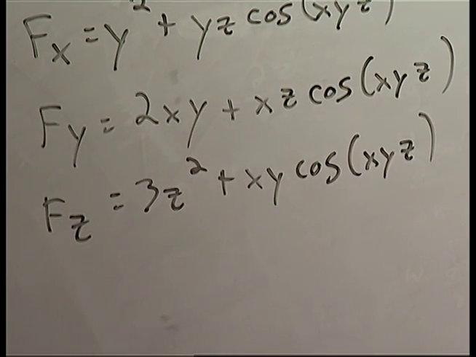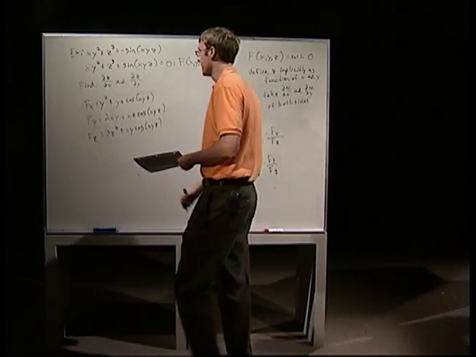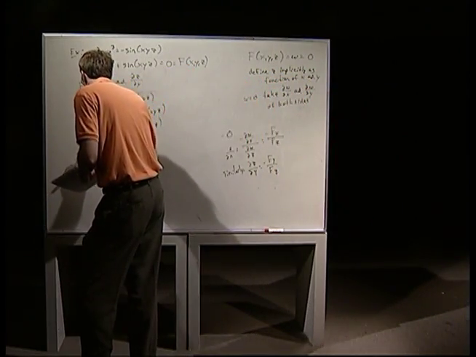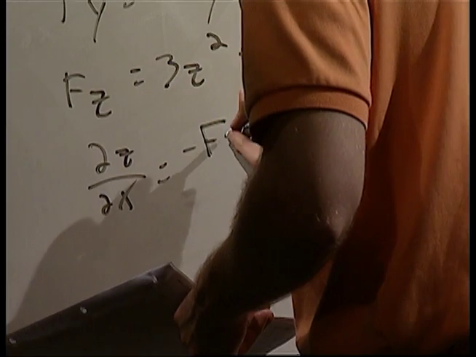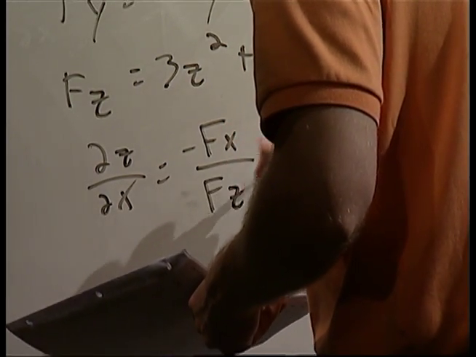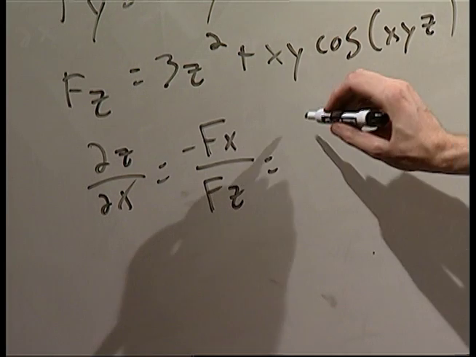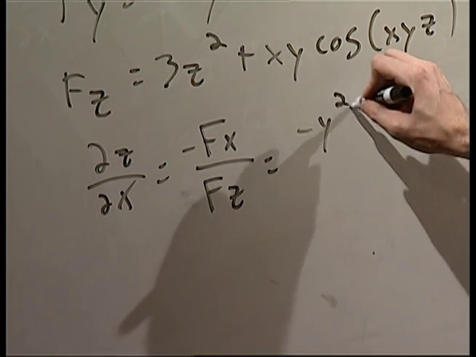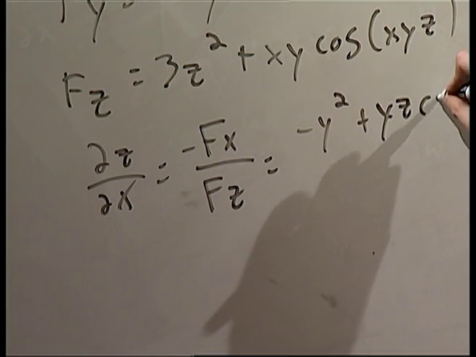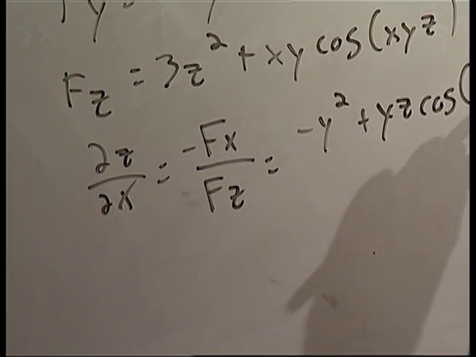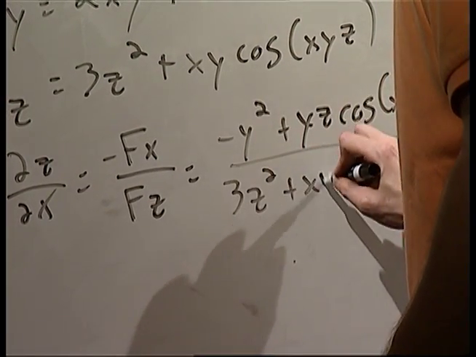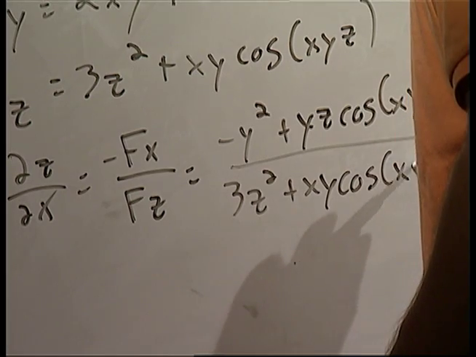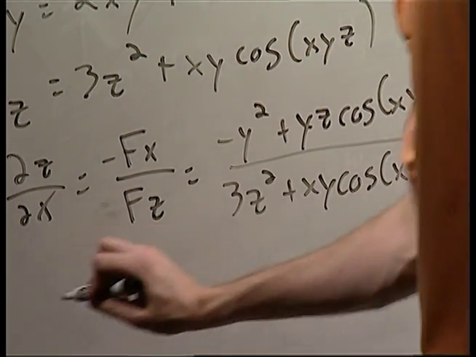Now we just go ahead and plug into our formulas here. Partial z partial x is minus fx over fz. So we end up with minus y squared plus yz cosine xyz, over 3z squared plus xy cosine xyz.